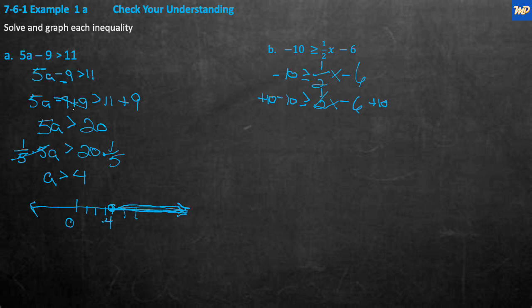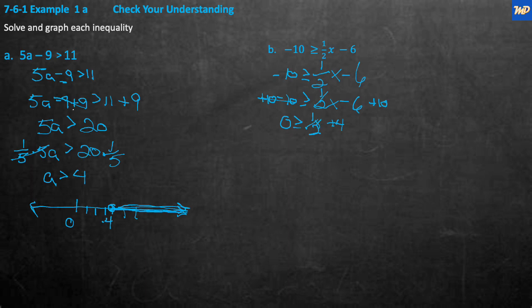These are going to cancel and disappear, and we're left with 0 on this side. Is greater than or equal to 1/2 x, and minus 6 plus 10 is plus 4 when we add them together. Okay, and now we've got the 1/2 x. I didn't write the x in there, sorry.